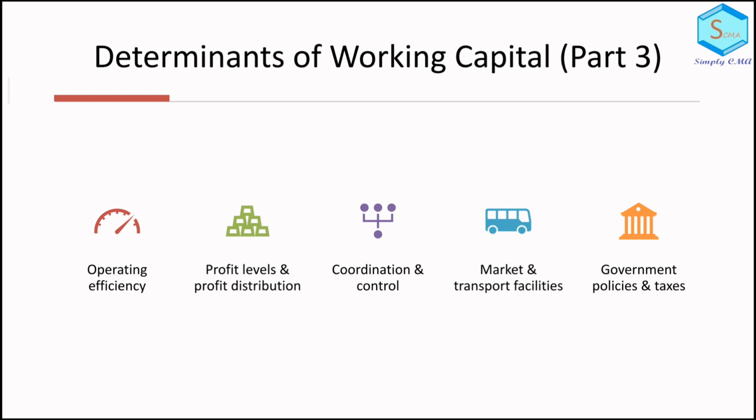The first two slides that I have covered, part 1, part 2, those are the main determinants, but these are also other determinants. That is, what will be the efficiency, what will be the profit level the company likes to make, then how much coordination and control is required within the processes, the market and transport facilities available to the organization, then obviously government policies and taxes.